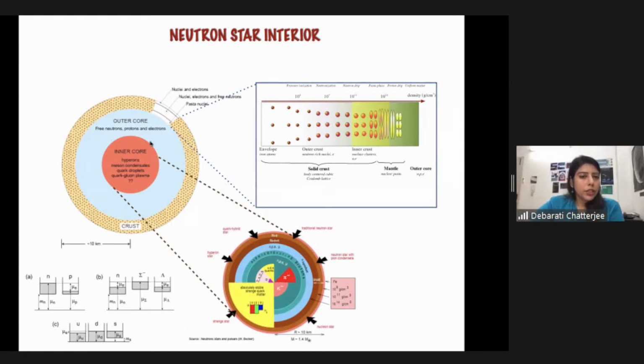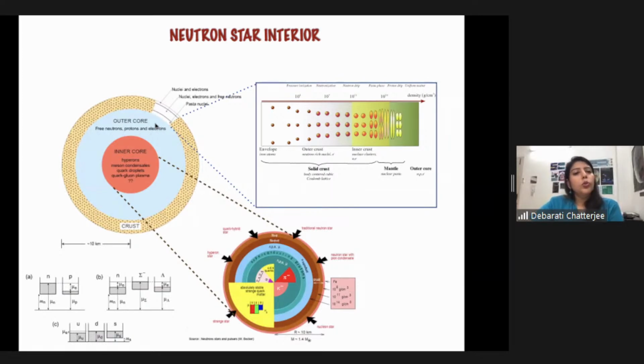As you go towards the interior, you have more and more deformed nuclei. These are funnily called pasta structures, because they look like spaghetti and lasagna and so on. These pasta structures are nothing but heavily deformed nuclei, finally melting into a homogeneous fluid in the outer core, made up of free neutrons, protons, and electrons.